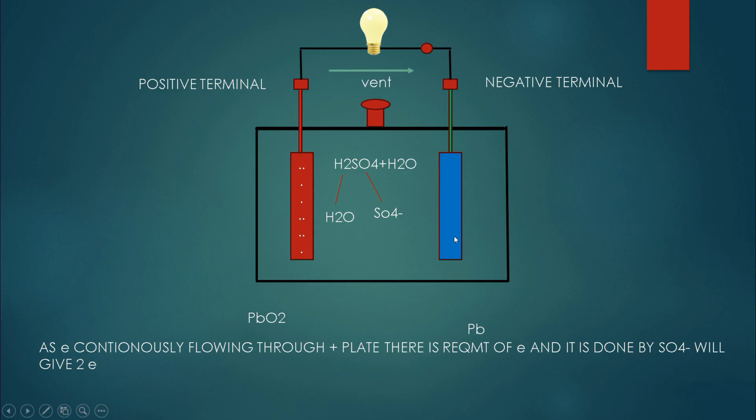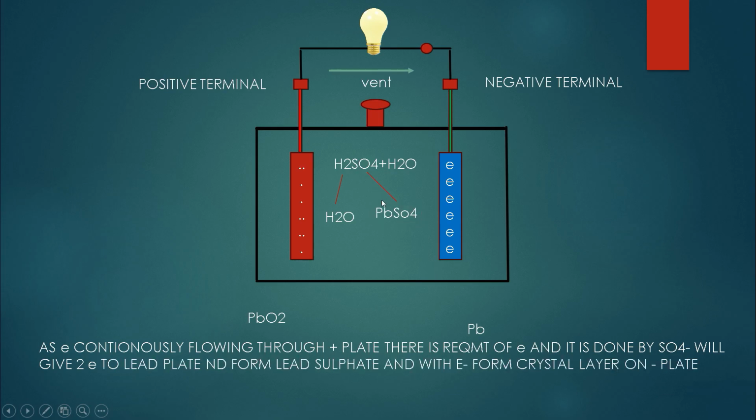Normally during the discharge cycle, this electron is supplied by the negative plate, which is lead, so it requires electrons, and these electrons are supplied by the SO4 minus, which gives its 2 electrons to the negative plate and forms lead sulfate.